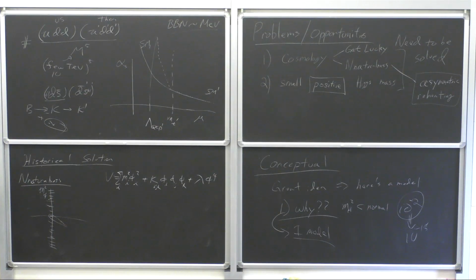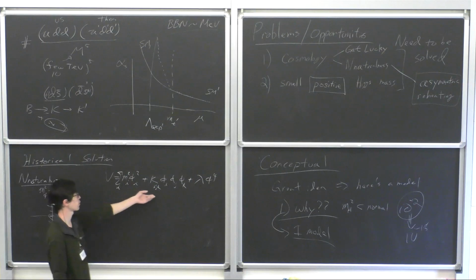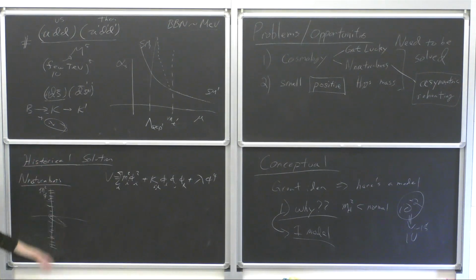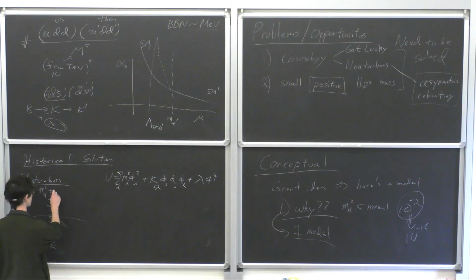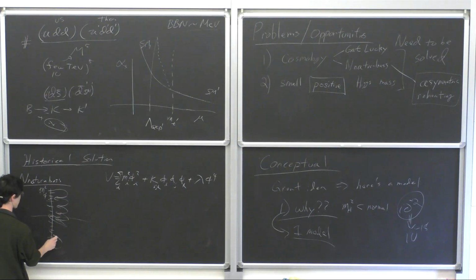However, the problem is then, why in the universe around us do we see the light guy? Why do we see the one that looks lighter than it should be? And the answer is, well, whatever. I started off with all of these scalars, and then they started decaying. All my heavy guys decayed into light guys, decayed into light guys, decayed into light guys. Eventually, everything ends up in the lightest state.